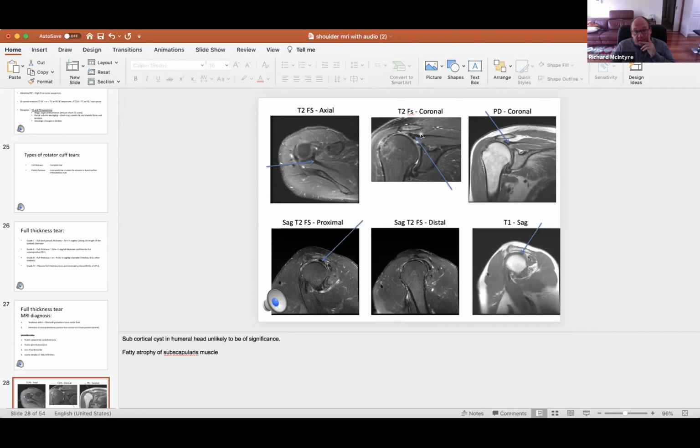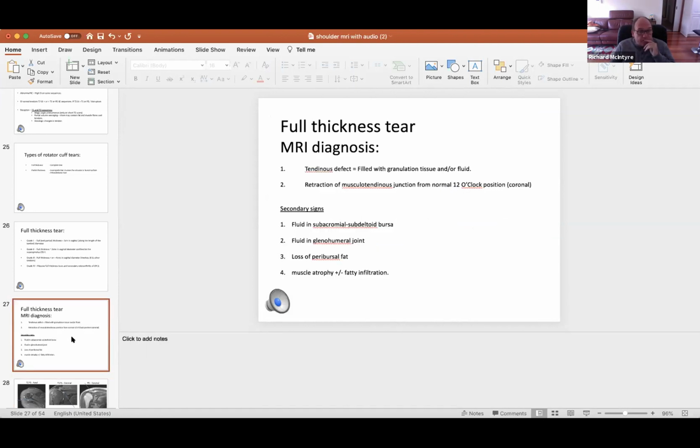You don't see that ligament extended across and down towards the insertion. You see it retracted there. So, retraction of musculotendinous junction from normal 12 o'clock position on the coronal oblique.